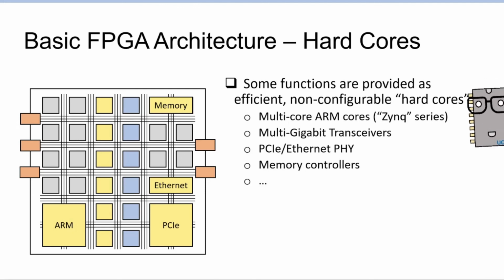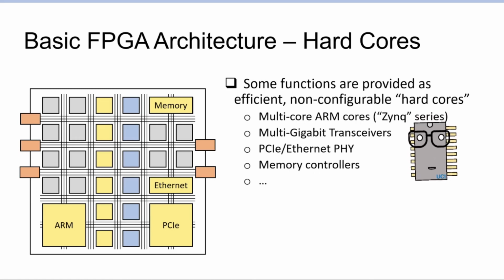Examples of these things include, sometimes they have multi-core ARM cores included on them. For example, if you buy what is called the Zynq series or MPSoC series from Xilinx, you will have 1, 2, 4 or more ARM cores embedded onto your FPGA. So you can boot Linux off them and make them communicate with the FPGA over generic interfaces and things like that.